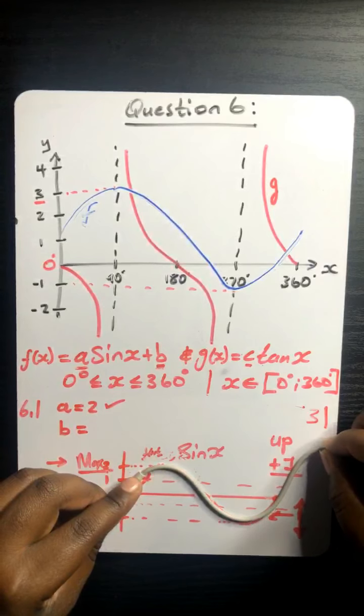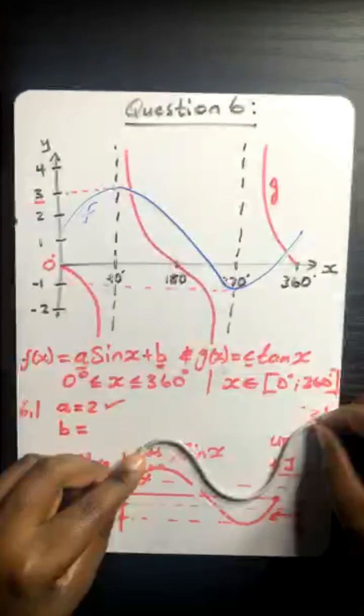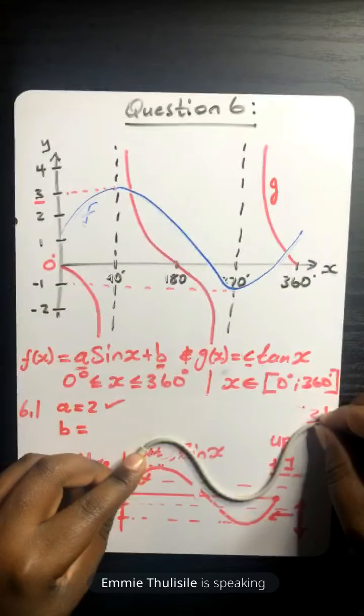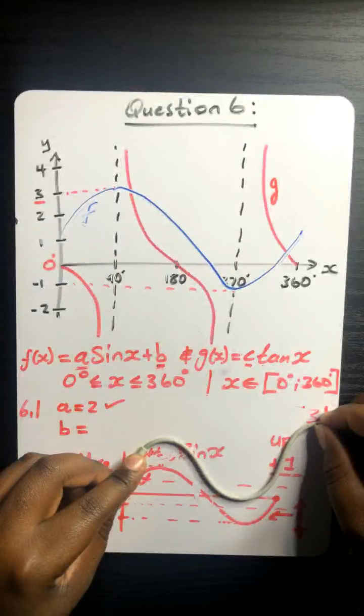Okay, let's shift it now for the last time. If I shift it by 2 units upwards, then it is going to be boom. So what will be the new maximum value? 4. And then what will be the new minimum value? 0.